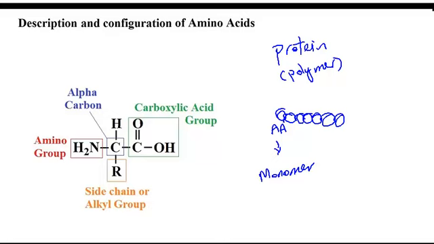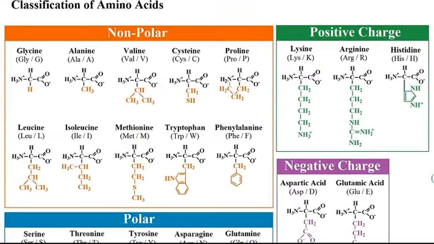Here I'm going to show you different amino acids. You can see that all these amino acids have the same generic structure: there's an alpha carbon, an amino group, a carboxylic acid group, and an H. It's only the R group, which I've shown in orange here, that is different for every one of these amino acids. Another point I would like to make is that all these carbons, with the exception of glycine, are bound to 4 different groups.